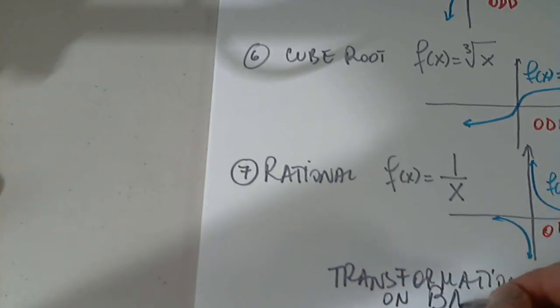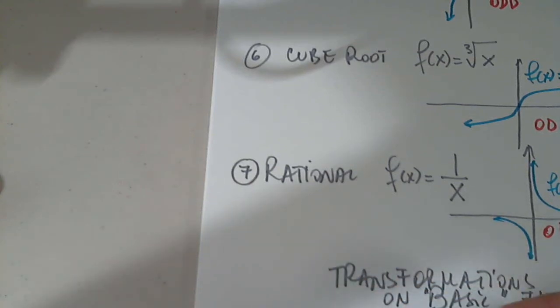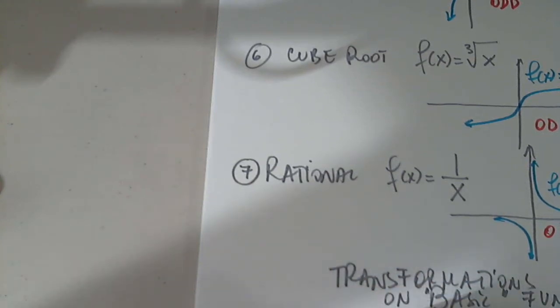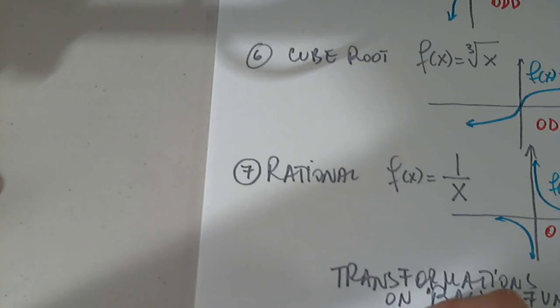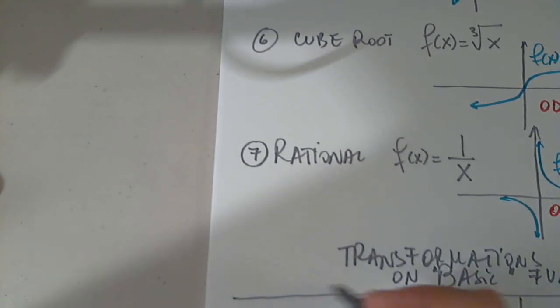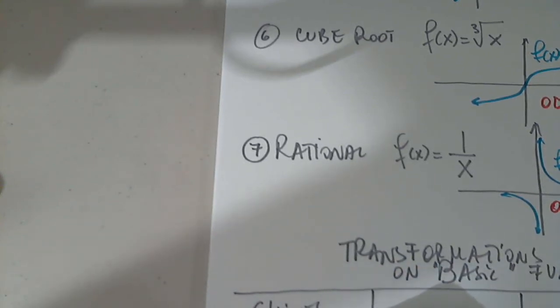On basic functions, the ones that we just listed. And here's what we have. 3 major categories. Shifts, of 2 categories, horizontal, vertical.